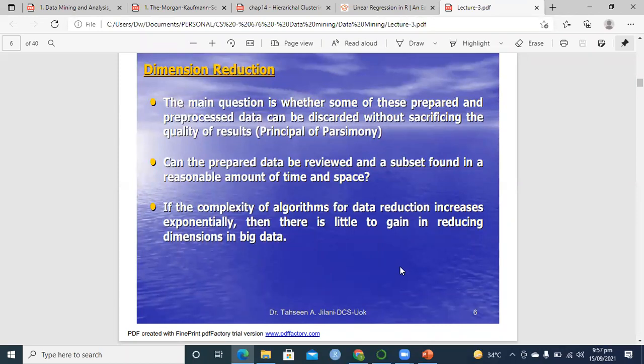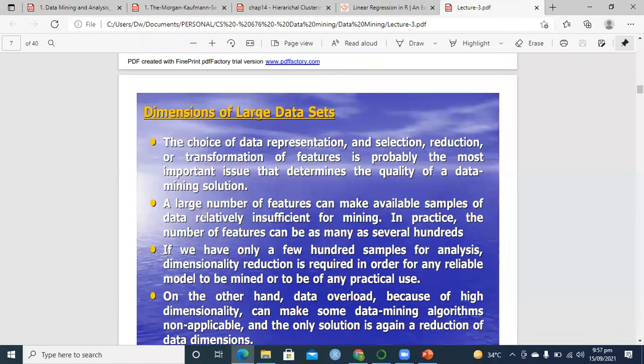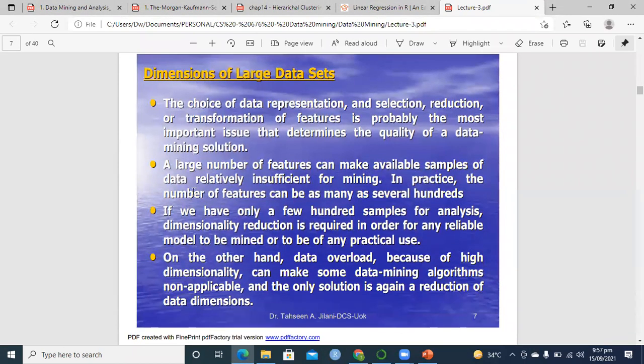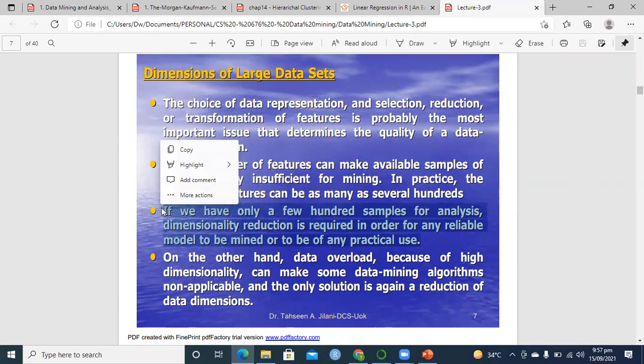So it is very important sometimes that your algorithm gives you a very reduced data, because your data has redundancies. Redundancy means repetitions, something that is repeated many times. It is important because if you want to make a reliable model, you should not have too many variables which are highly correlated.